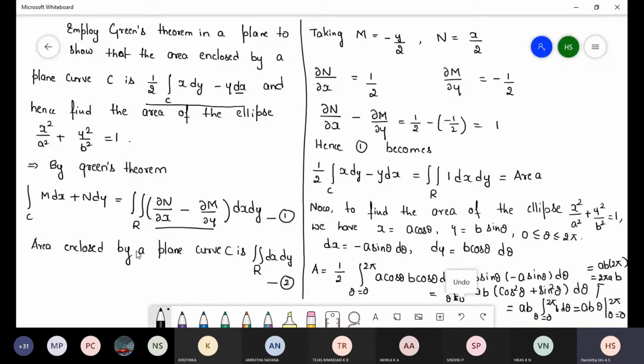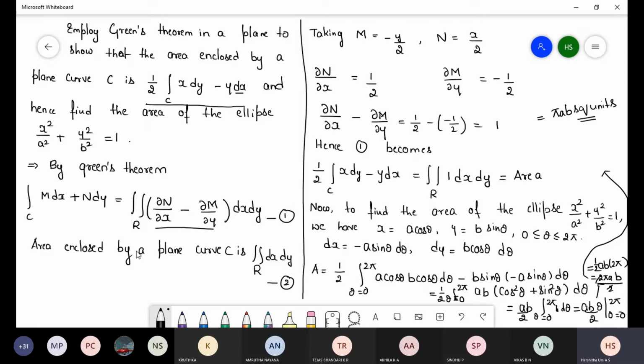Wait a minute, here I left 1 by 2 as it is, so here also divided by 2. Here 2 pi ab divided by 2. The 2 will get cancelled, so remaining pi ab square units.